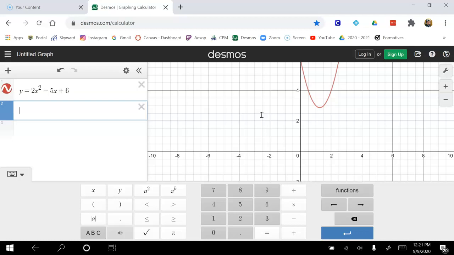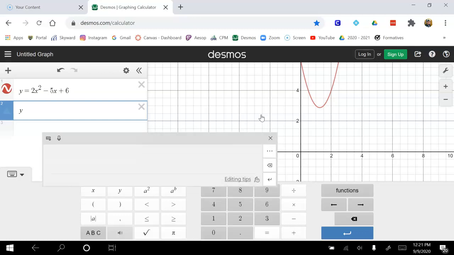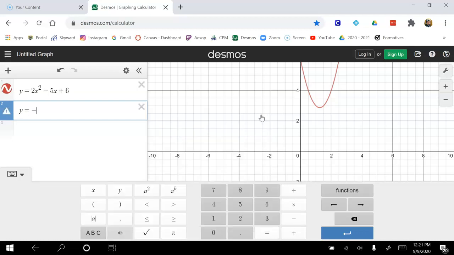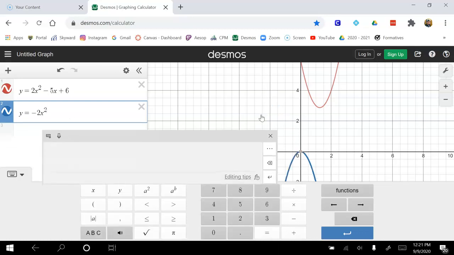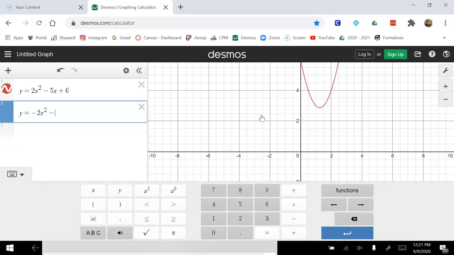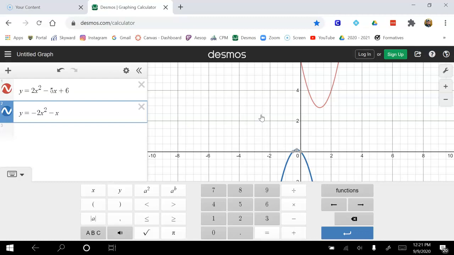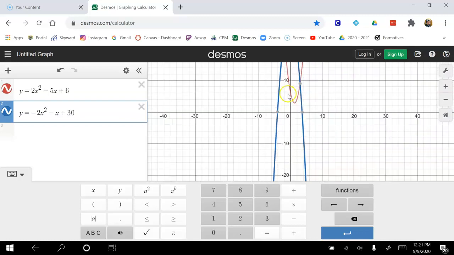Then we're going to go down to the second one by just pressing your screen. And then you get y equals negative 2x squared minus x plus 30. And we need to zoom out our screen a little bit.